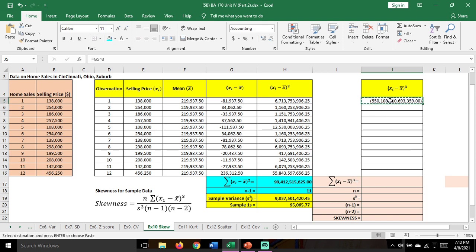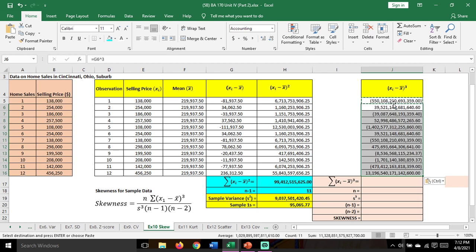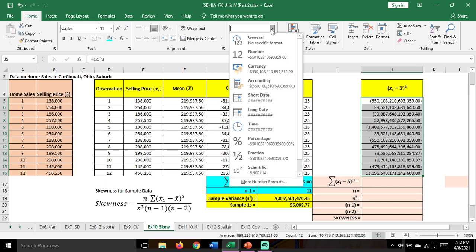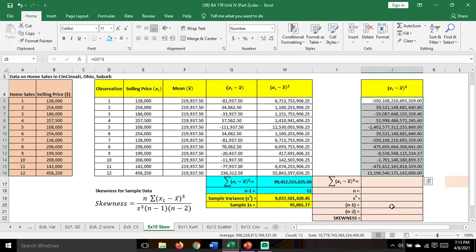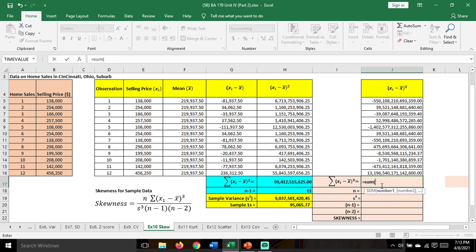So, all we need to do is to copy, and then there you have it. I'll just change the format into number so that you will be able to see.